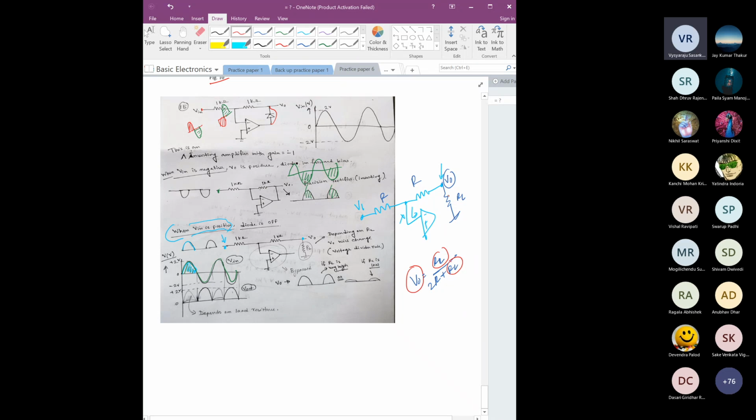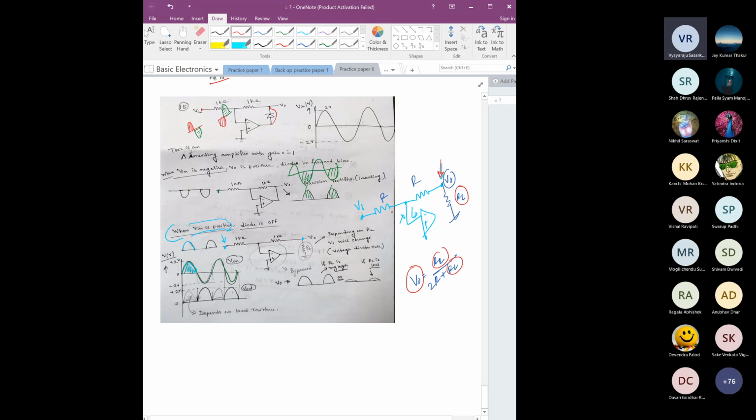If this RL is very high, then almost V output would be equal to V1. That is the same thing as connecting one multimeter and nothing else, which means this resistance is effectively infinite. When this resistance is infinite, then V1 would be equal to V naught.